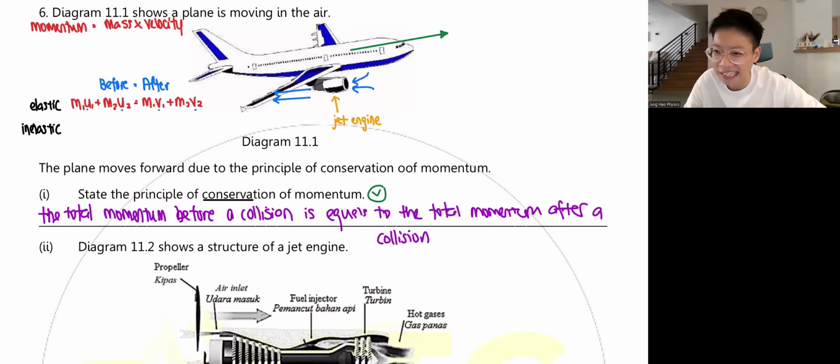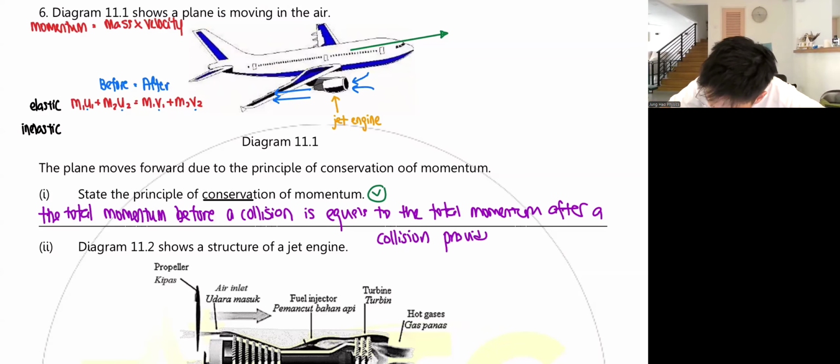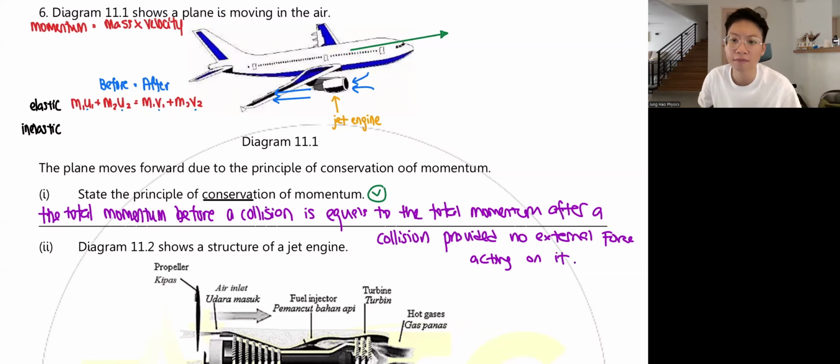Guys, we don't care about the English. Even if your English is a bit flawed, it's okay. It's the total momentum before and the total momentum after that are equal, provided no external force acting on it. Can repeat.